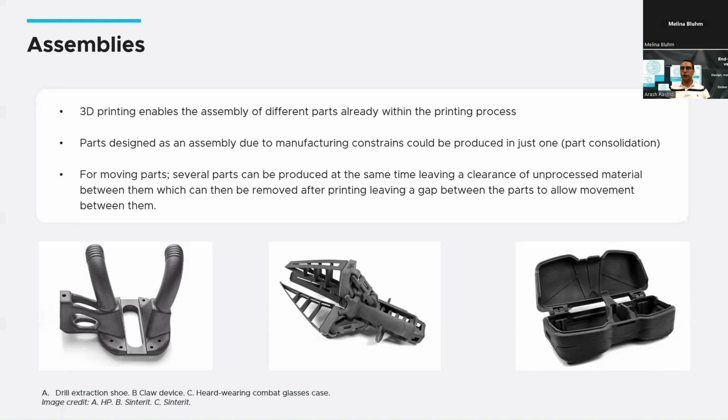It also reduces the error in the assembly. For example, if you imagine a heat exchanger, instead of producing it in different parts, then you need to assemble it, you need gaskets, and this could also introduce leakages in your system. But if you can print it in one single part, then you have fewer after-production problems.